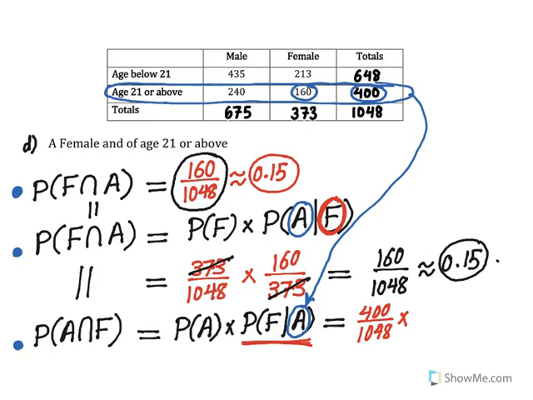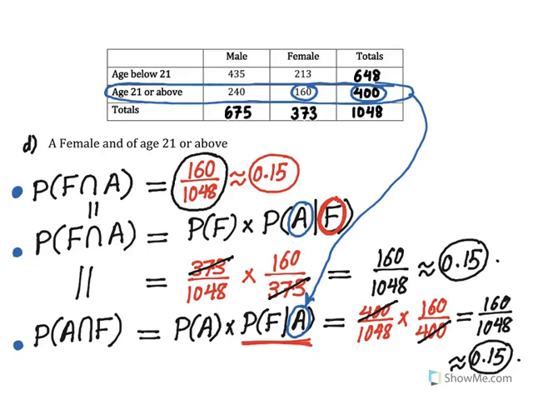So you will multiply by 160 out of 400. And again, because we're multiplying, this 400 cancels this 400, and you will get 160 out of 1,048, which is again approximately 0.15 or 15%.